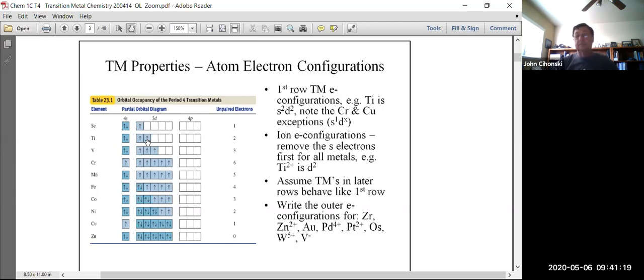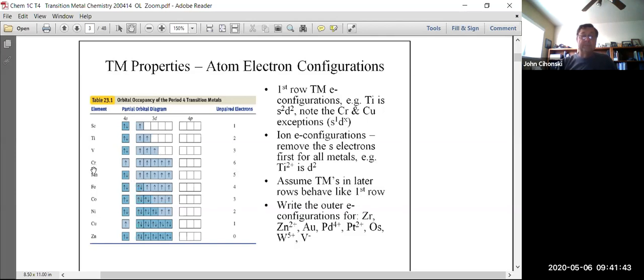Why? Because they don't want to repulse each other. If they can minimize that repulsion, that will be a more stable configuration. So let's look at what happens. We go to 2 electrons, obviously, those should be unpaired in the d orbital. We go to vanadium, we have 3 electrons, and those are unpaired.